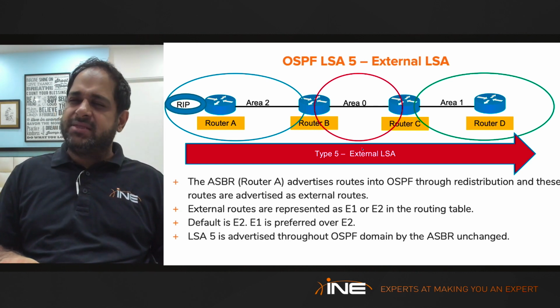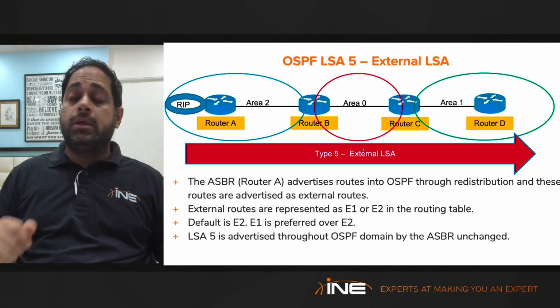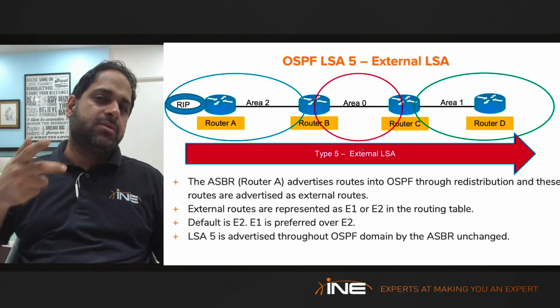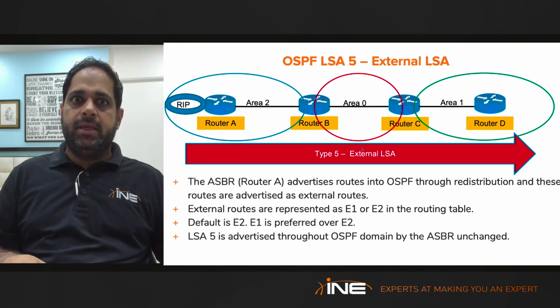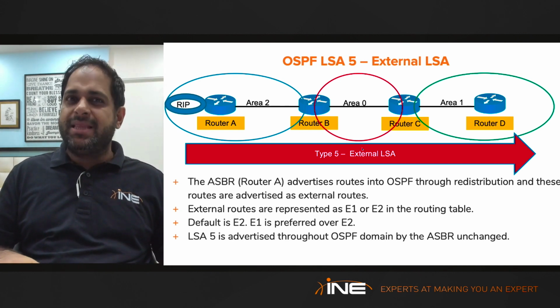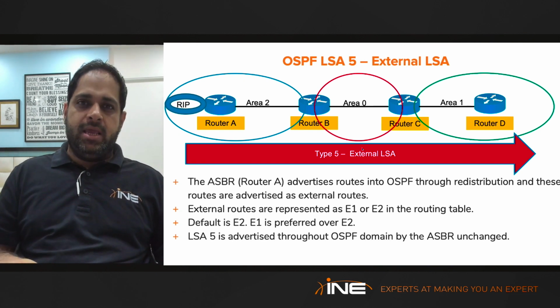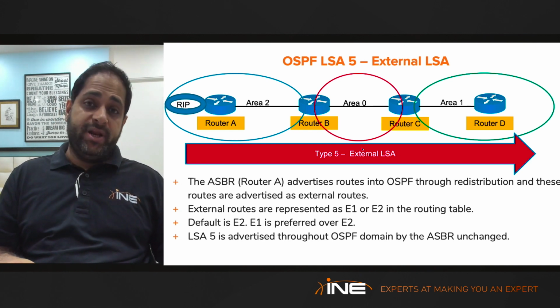Again, that depends, because with not so stubby something changes. But let's say there was no not so stubby configuration, just a normal multi-area configuration. In that case every router running OSPF would see router A as the advertising router for those external routes, which are learned through redistribution.